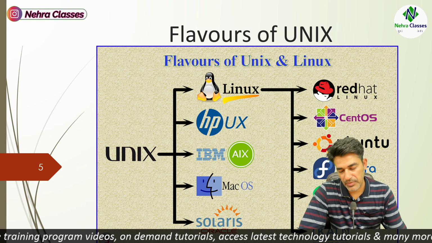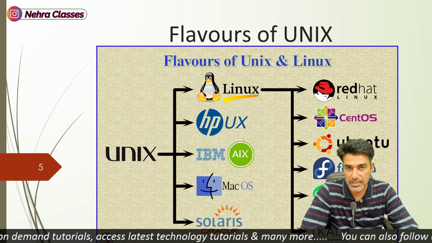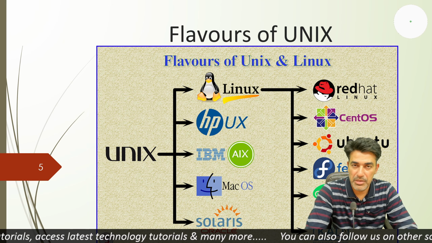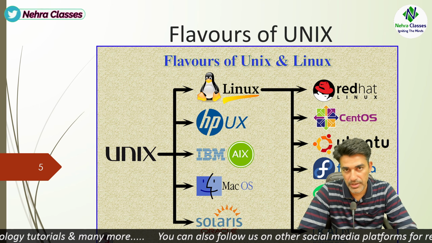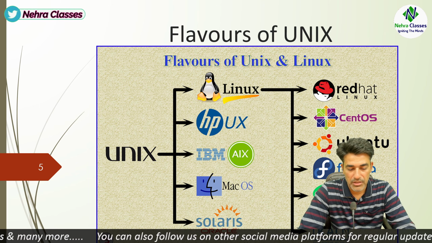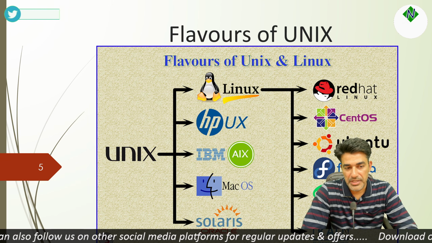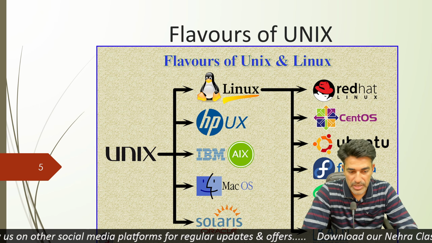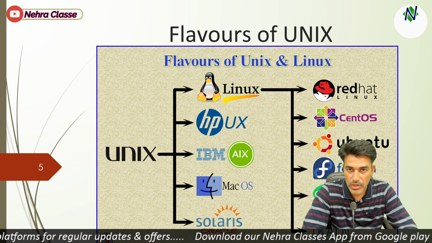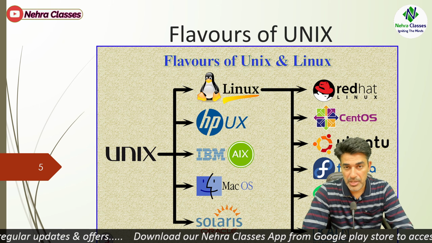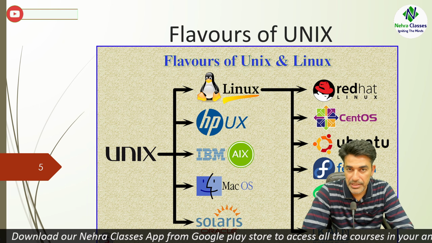If I classify them, there are two major categories. One is Debian based, another is Fedora based. Arch Linux is also there, but these two are major. In the Fedora based community, you can find Red Hat, CentOS, openSUSE, Alma Linux, Rocky Linux. In the Debian based community, you will find Ubuntu, Kali, Mint, and many more.